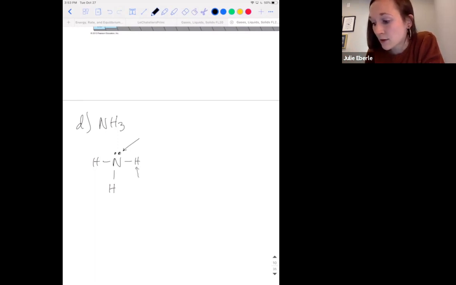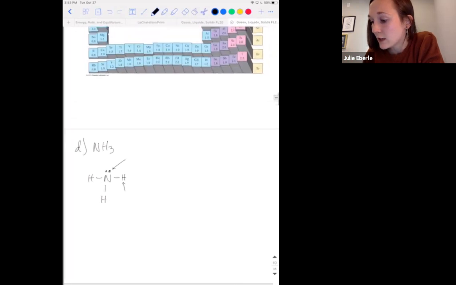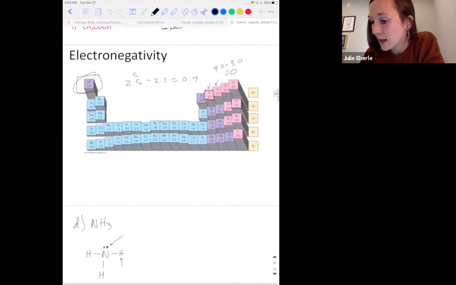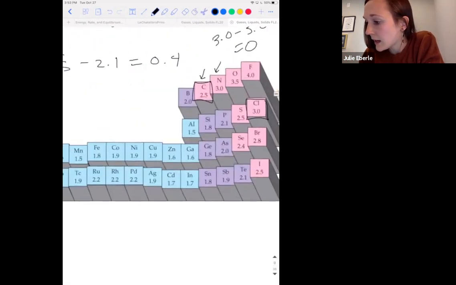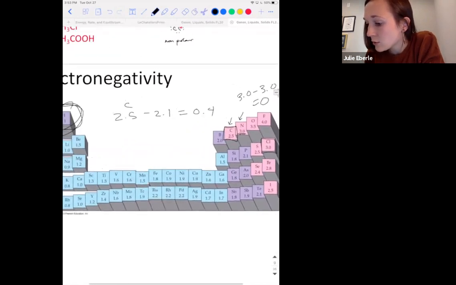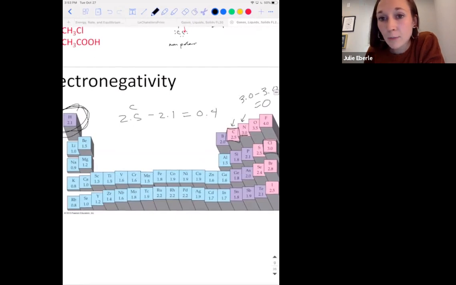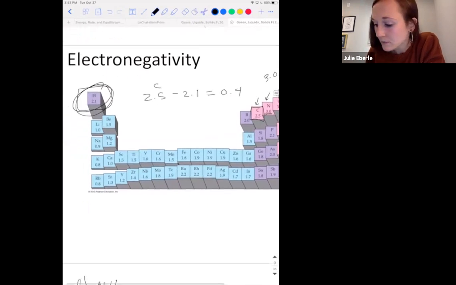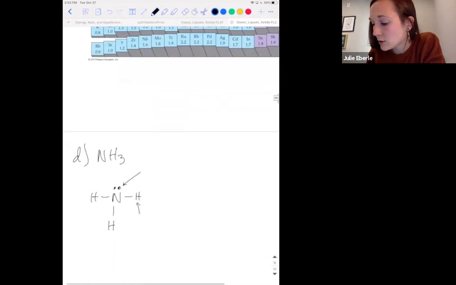All 3 hydrogens here are bonded to a nitrogen. And if we look at the electronegativity difference between hydrogen and nitrogen, the difference between 2.1 and 3.0 is 0.9. So this means all of these are polar. So we could literally draw in the partial positive delta on all these hydrogens.